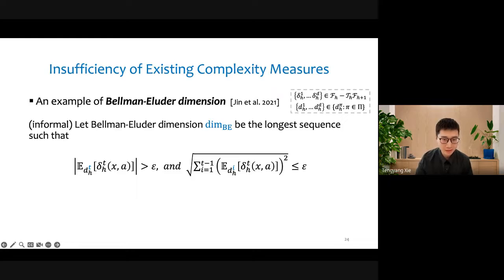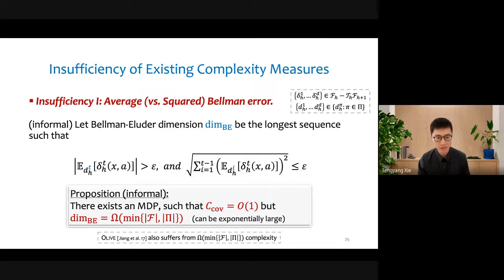Then the sequence is such that at each time step t, we have low Bellman error in sample, but larger Bellman error in the on-policy case. One thing I would like to emphasize is that in the definition of Bellman eluder dimension, the Bellman errors are all the average Bellman error rather than the squared Bellman error. And actually, I would argue that is the first insufficiency of the Bellman eluder dimension.